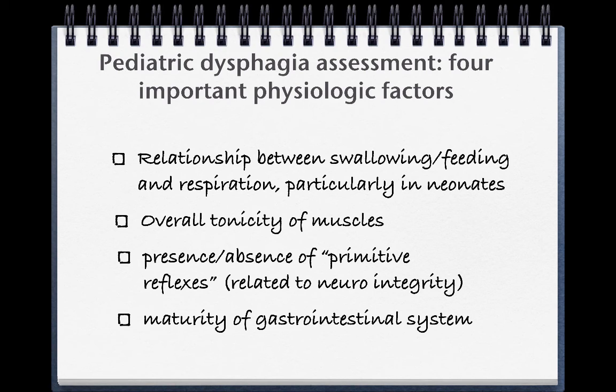The third topic, or the third factor that I try to keep in mind when I'm doing pediatric swallowing assessment, has to do with the status of the baby's so-called primitive reflexes or neurological reflexes. The presence or absence of these in infants and children has to do with the neurological integrity of the baby.